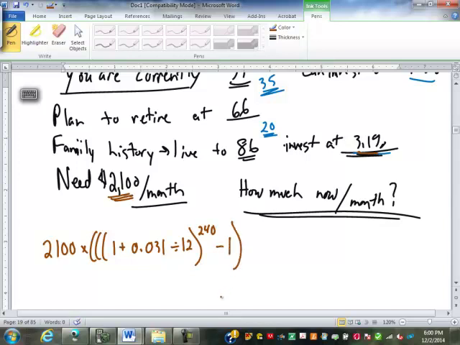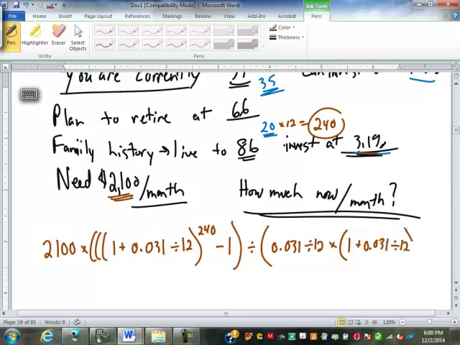Everybody with me so far? 20 years times 12 months per year is 240 months. Then divided by, open parentheses, 0.031 divided by 12 times, open parentheses, 1 plus 0.031 divided by 12, close parentheses, to the power of 240, close and close.